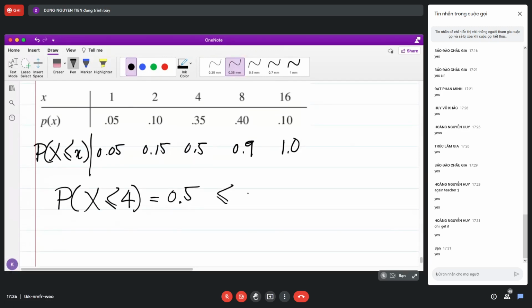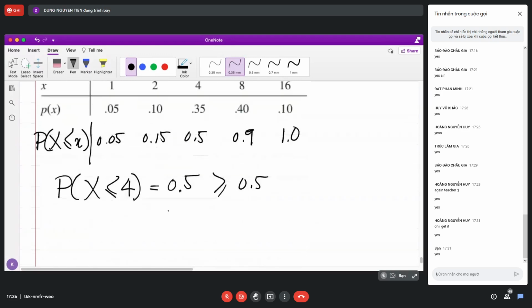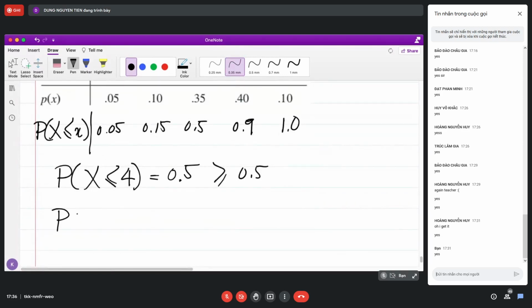So it is greater than or equal to 0.5, right? 1/2, right? And then what is the probability that X is greater than or equal to 4?